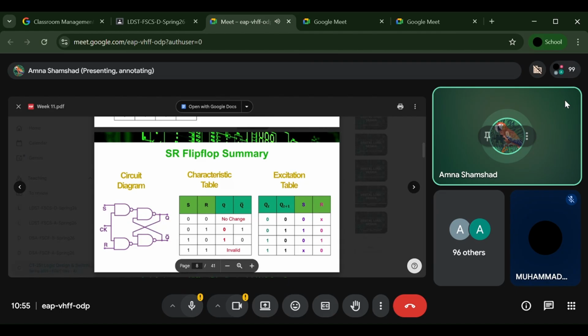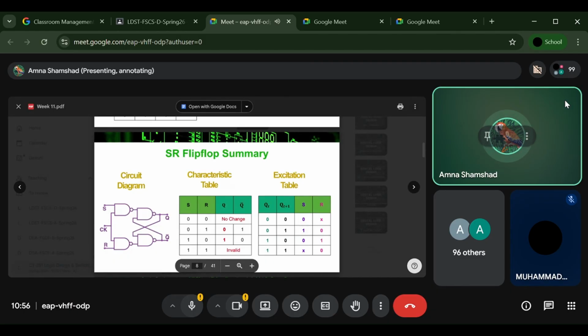Is this clear to all of you? What is the basic difference between JK and SR? The last combination, that is the 1-1, in JK will toggle your output, and in SR it will be in a high impedance state, that is invalid. Okay, so this is the main characteristic table for it.